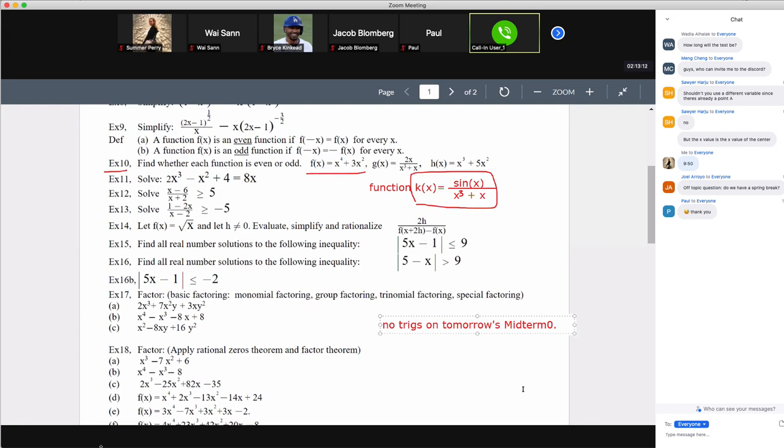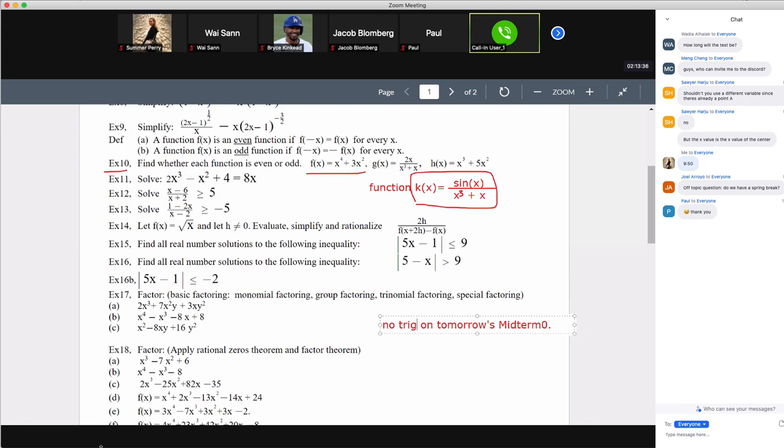But who knows? If any of you make me mad, then on midterm 1, I will give you a trick, okay? Anyway, no tricks. A trick with a T-R-I-G-S. All right, I will control myself not to give you any tricks.